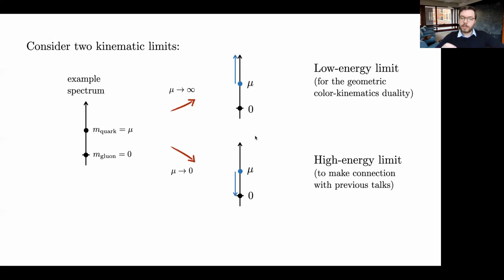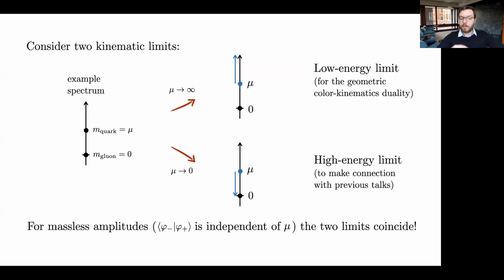You can also consider exactly the opposite limit, the high energy limit. And in this limit, all particles will become massless. So there are two reasons why I wanted to discuss this first. The first one is to make connections with previous talks. And the second one is that for massless theories, so if there's no massive particle to begin with, or the intersection number is independent of mu, then these two limits just coincide. And this will give us two different ways of thinking about the same object.